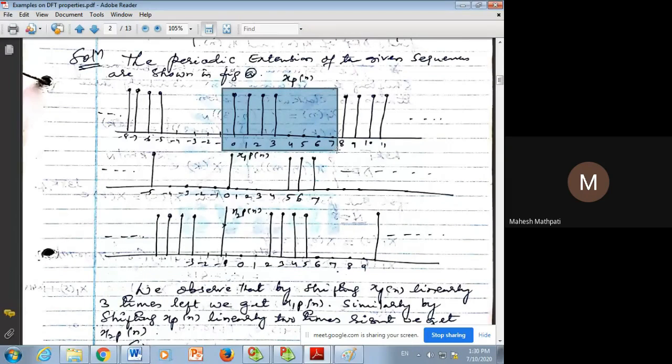What is given in the first question? It is x of n that is equal to 1 from 0 to 3. So it is present at 0, 1, 2, 3. And again it is 0 at 4, 5, 6, 7. Getting my point? Are you able to see this? Yes, sir. Right.